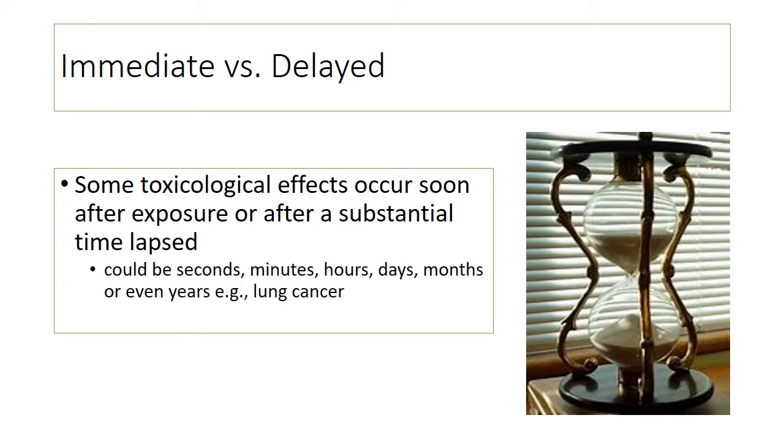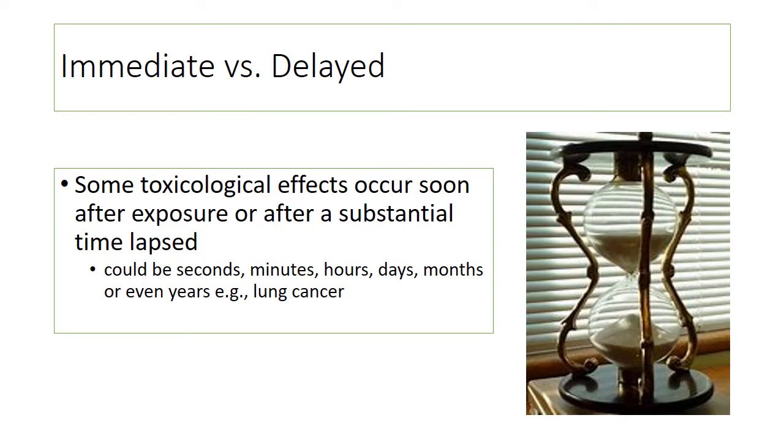Some toxicological effects occur soon after exposure, but others take some time before they occur. The ones which occur soon after exposure are much easier to pick out, because you've given your compound, and 5, 10, 15 minutes later you see the adverse or toxicological effects in an animal, if you're using an animal model.